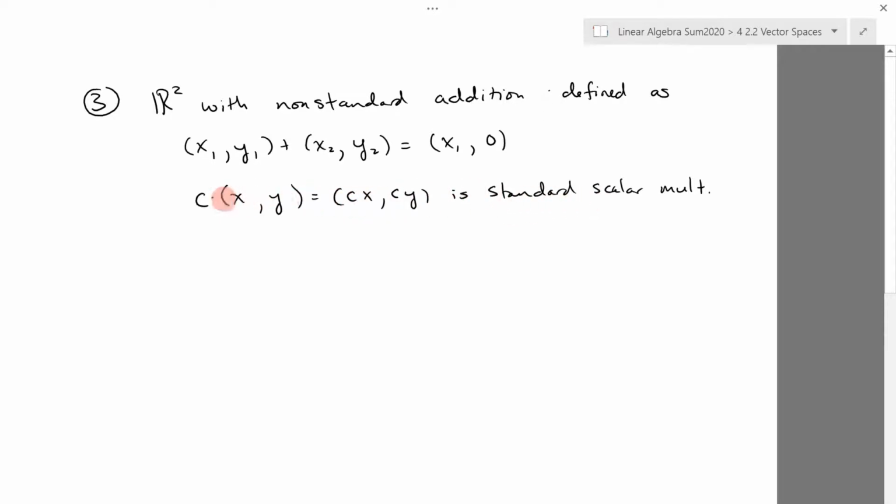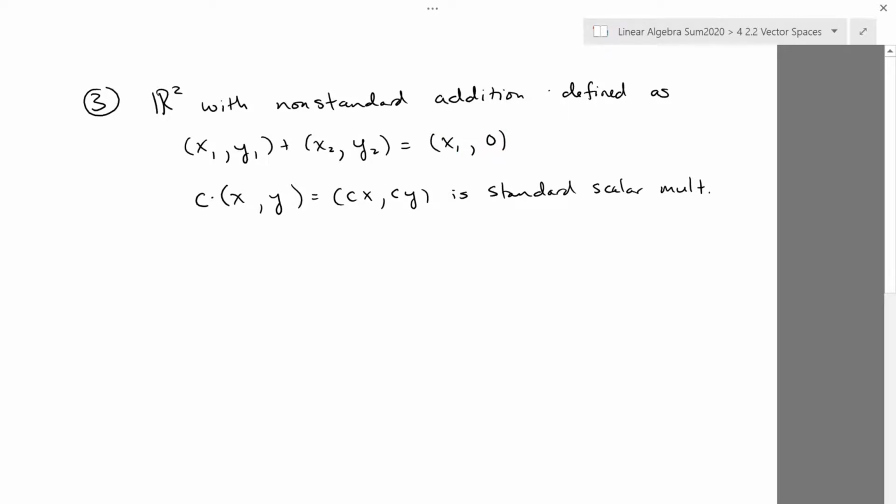So they're the standard way we typically do it. However, the operation for vector addition is changed to a non-standard one, where it's defined in this way, right? So you take two vectors, so x1, y1, and then x2, y2, and if you add them together, the result is to take the first coordinate in the first vector, and the second coordinate is always 0.